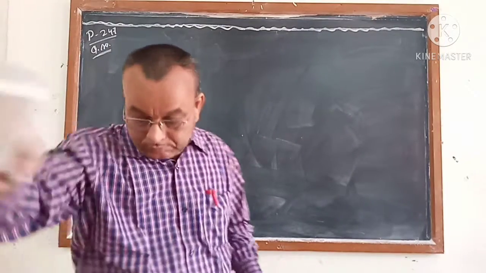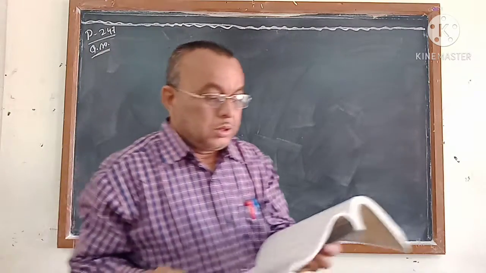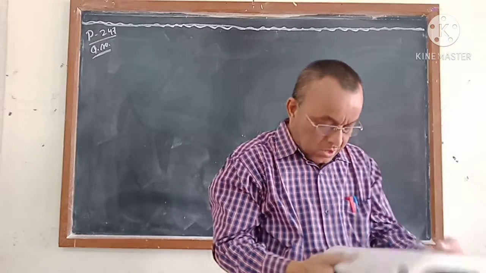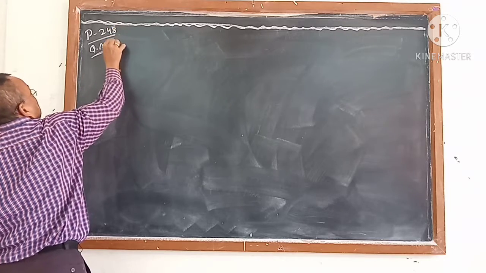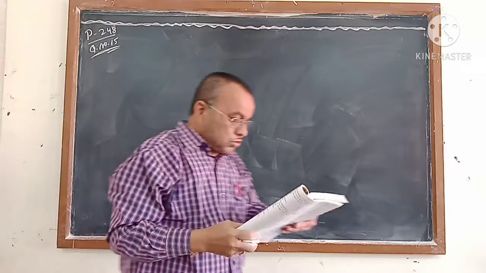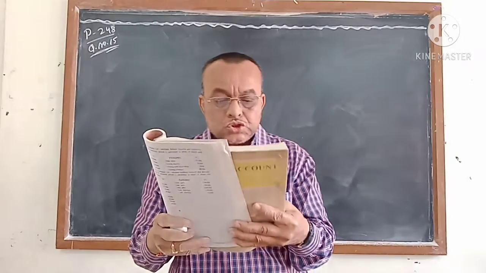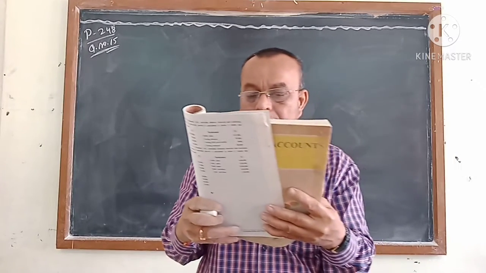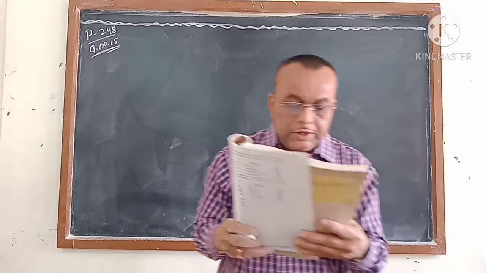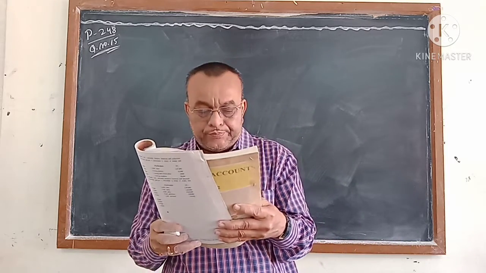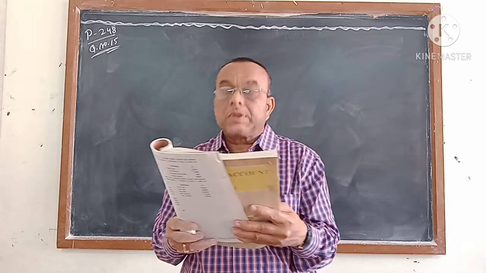It is given: calculate the stock turnover ratio from the following informations of L Company Limited. 15 and 16 both we will do.